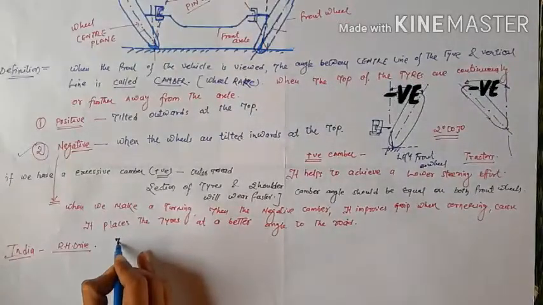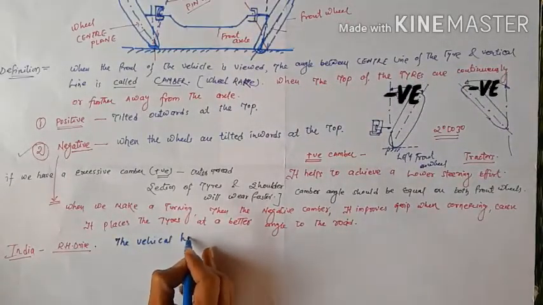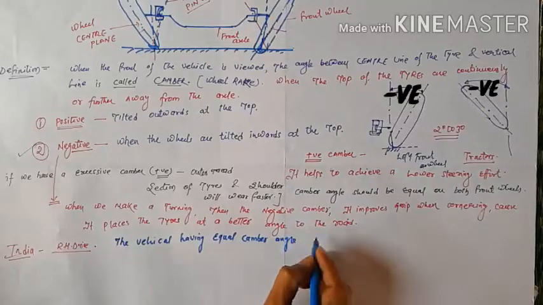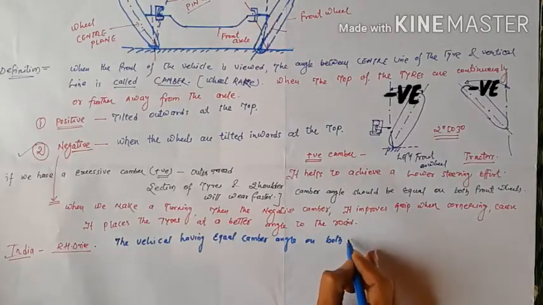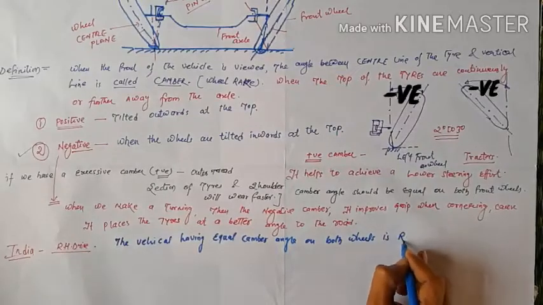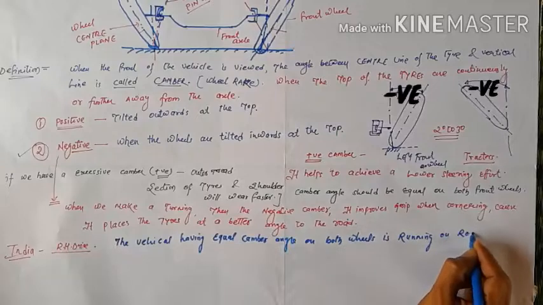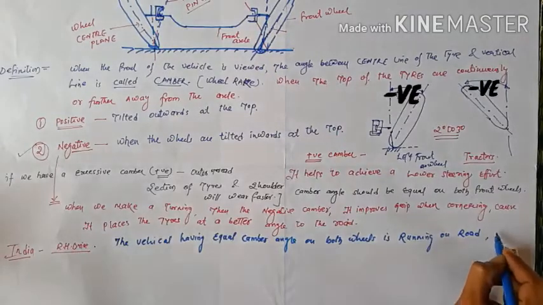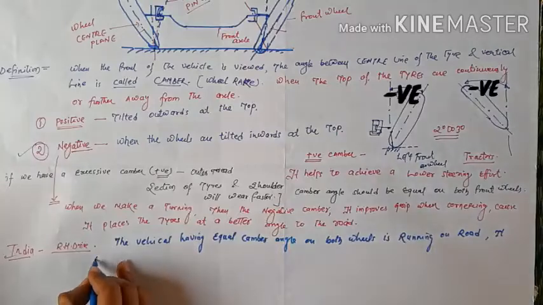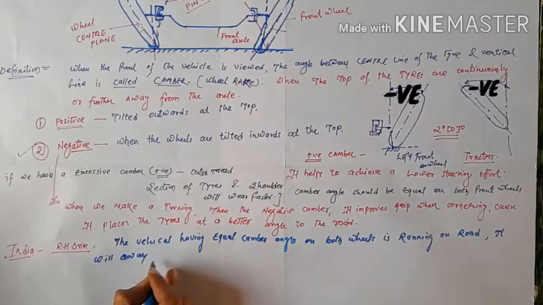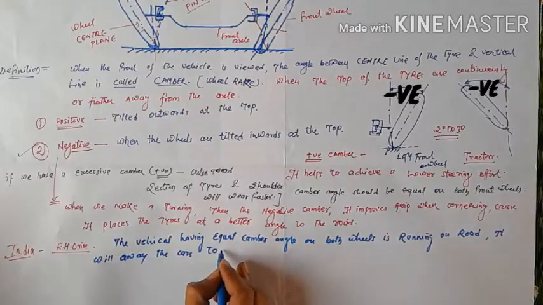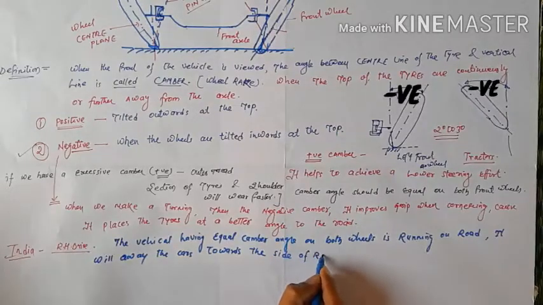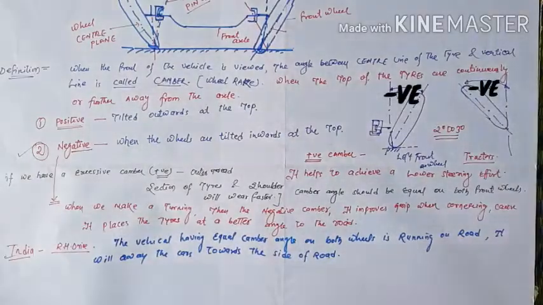Here the vehicle having equal camber angle on both wheels, running on the road, will pull the car towards the side of the road. So this is dangerous.